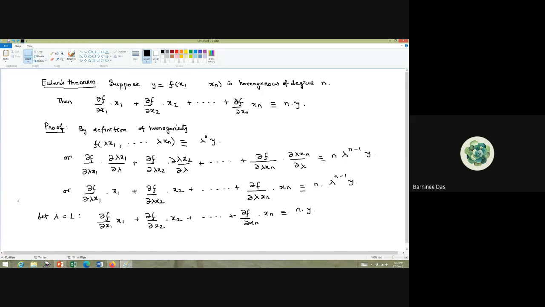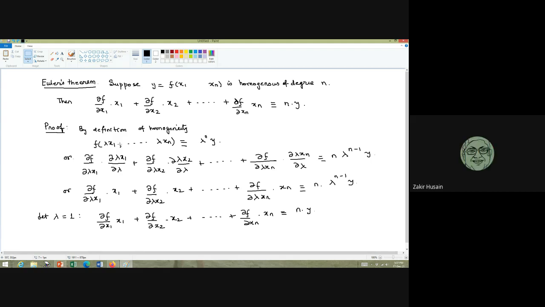Sir, can you please explain the second line, how that df by d lambda x1 into d lambda x1 by d lambda has come? Wait, first line? You mean this line or this line? This one. Yes, sir.